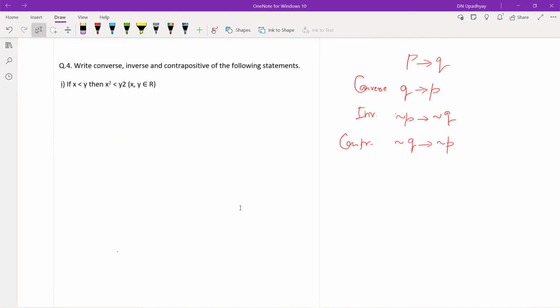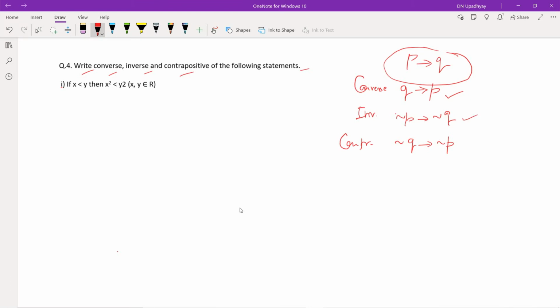Question number 4, first question. Write converse, inverse and contrapositive of the following statements. So basically, suppose a basic statement is P to Q, if P then Q. So converse is Q to P. Just we have to change the order. The main statement is P to Q, then we have to change it into Q to P, and that will be converse.